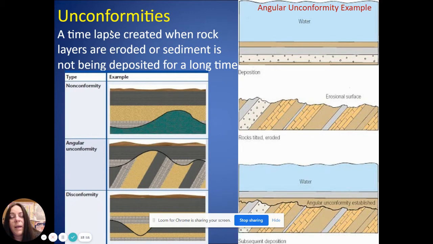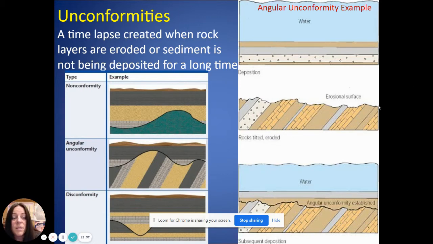So what actually happens in an unconformity is typically you have a nice little lake. You've got all your sediments depositing horizontally, right? Then millions of years pass, the water is gone, and there's been some uplift. So see, all these once horizontal layers are now up on the surface, and they are all tilted up like this, okay?